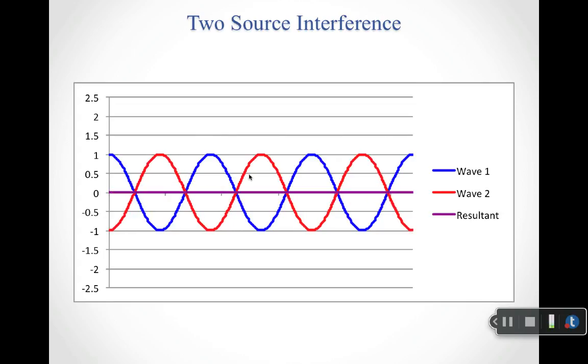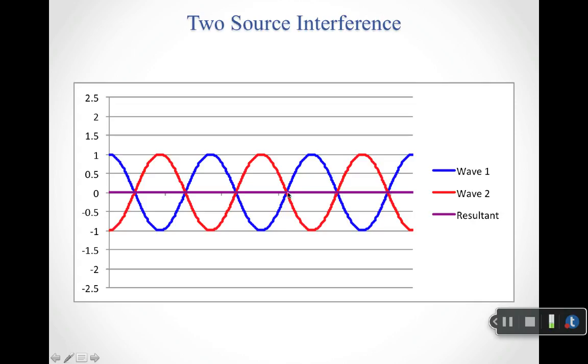As I keep sliding them, it just gets smaller and smaller until I reach a situation where the red wave is at a peak, a positive maximum, and the blue wave is at a trough, a negative maximum. When I take +1 and add -1, I get 0.